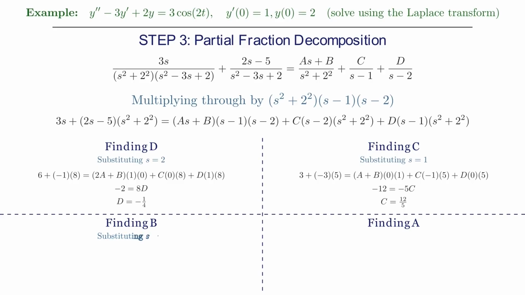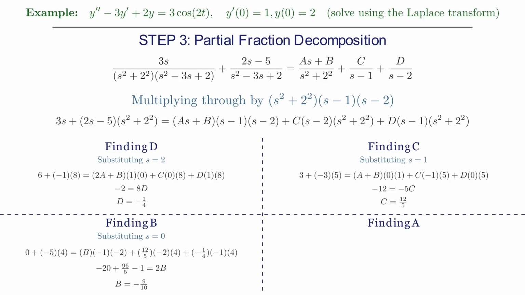So substituting s is equal to 0, this gives me 0 plus minus 5 times 4 is equal to b times minus 1 times minus 2 plus 12 over 5 times minus 2 times 4 plus minus a quarter times minus 1 times 4. And this simplifies down to minus 20 plus 96 over 5 minus 1 is equal to 2b. And then simplifying this, we get that b is equal to minus 9/10.